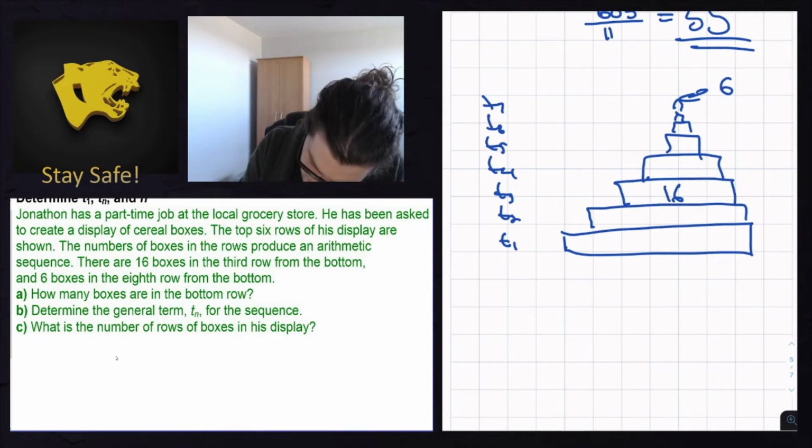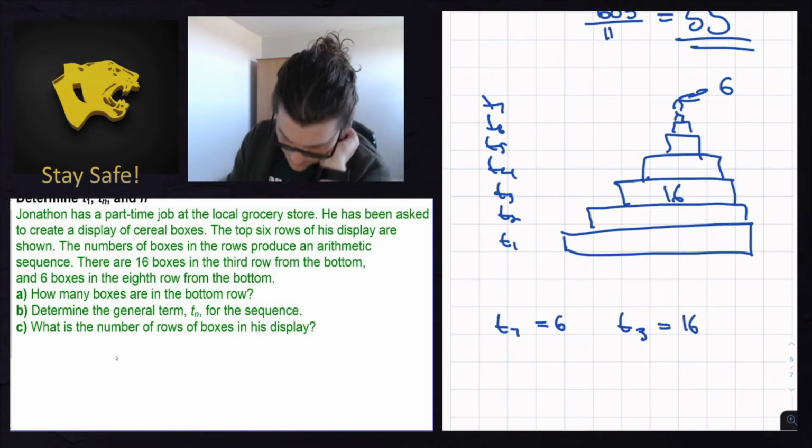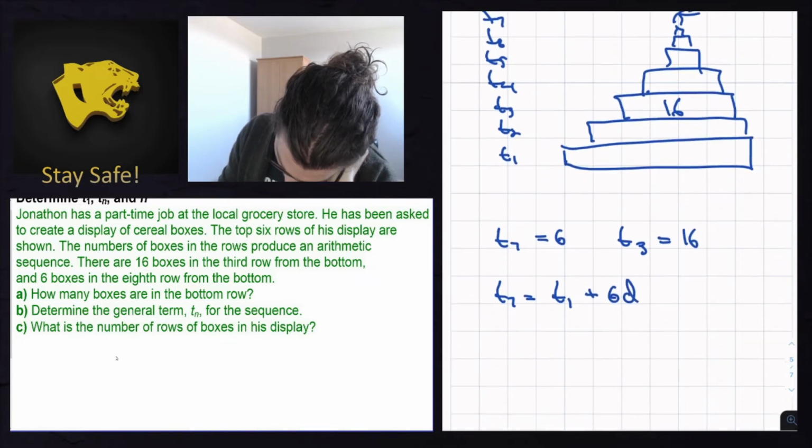If I take T7, which is 6, and T3, which is 16, I do know that T7 would be equal to T1 plus 6 times d, and T3 would be equal to T1 plus 2 times d.